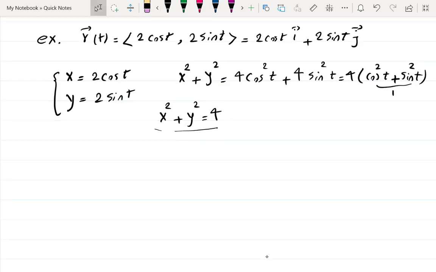The next part is about the space curves. The question is, what is the shape of a vector function? Okay, we start this part by this example. r of t is equal to 2 cosine of t i plus 2 sine of t j. To find the shape of this function, we plug in different real numbers.